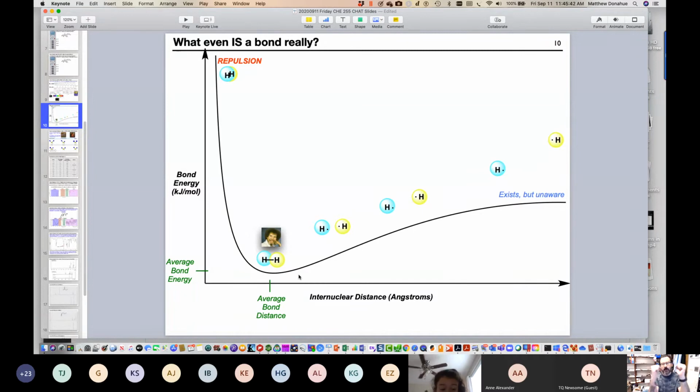And that means these bonds are still moving back and forth. So while we report an average bond distance, it's moving around in this well. The distance between them changes, the bond energy gets a little bit weaker and stronger. And that motion is like the motion of a spring.